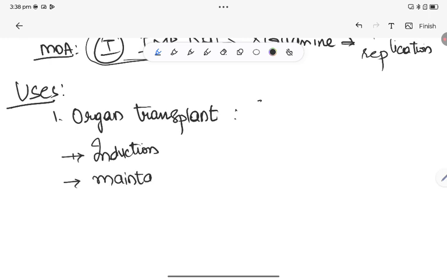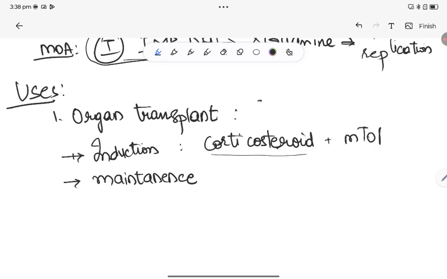Maintenance is given throughout life. The induction regimen usually includes corticosteroids because they are the fastest acting immunosuppressants, and usually we stop them here itself.